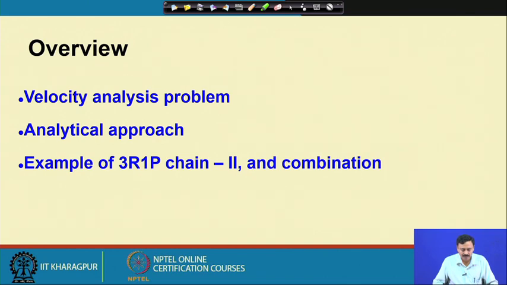We are going to look at this example of 3R1P chain of type 2, and we are also going to see briefly how in more complicated chains these ideas can be extended very easily. Of course, the calculations might be a little more involved, but then these ideas that we are discussing of velocity analysis can easily be applied to more complicated chains.